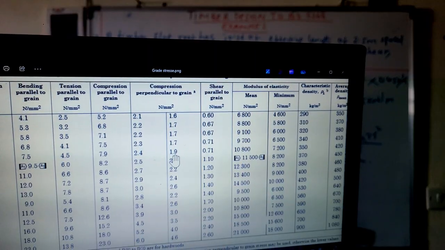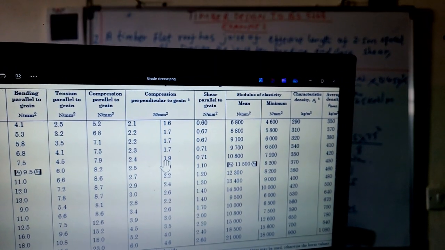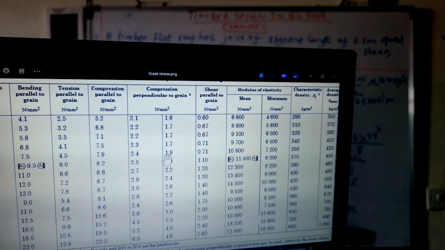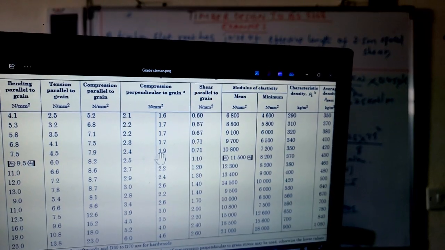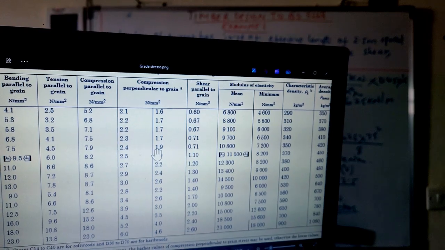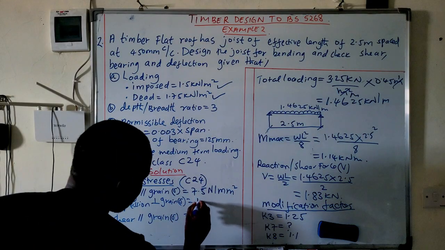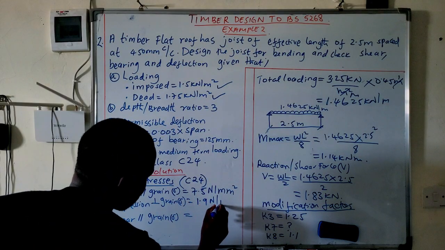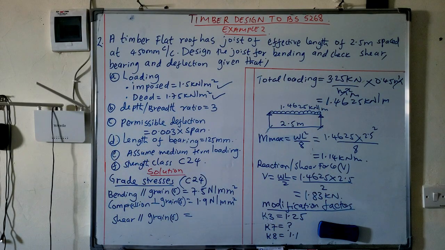So that is 1.9. So we will write that value here, 1.9 Newton per millimeter square.